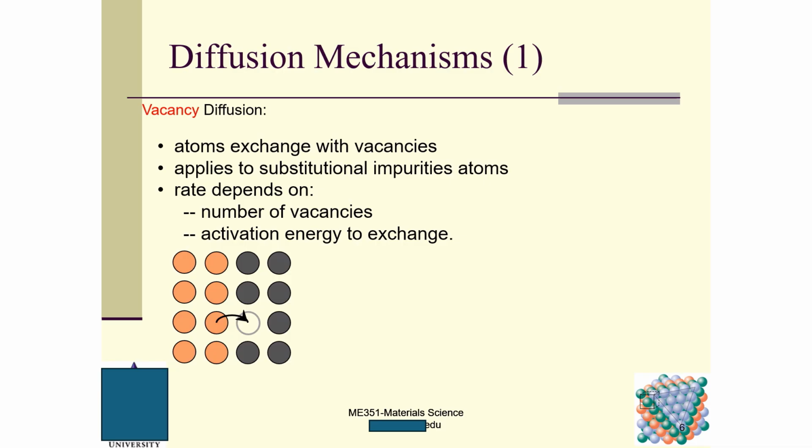Be very, very careful. What are substitutional impurity atoms? Last time I told you that several conditions must be met to have substitutional impurities. First of all, the size of the two atoms must be almost identical, or the difference between their radii is very small. Second, they have very similar electronegativities and valency.